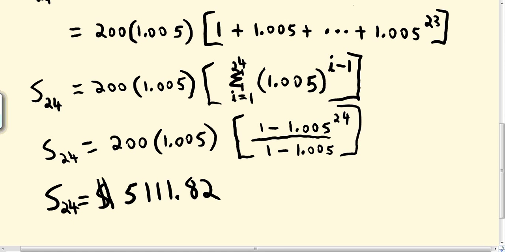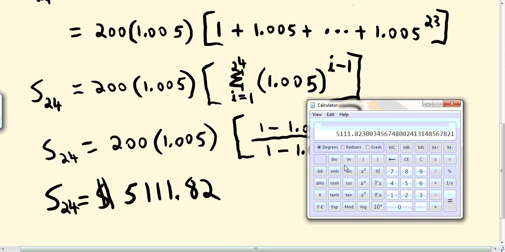Now, one last thing I want to note here is if you just made 24 payments of $200 without any interest being accrued, it would amount to $4,800.